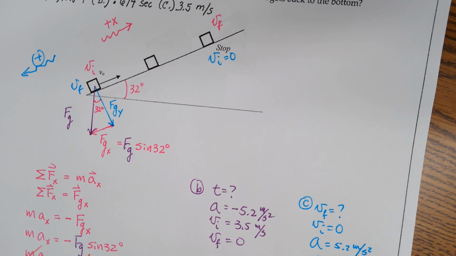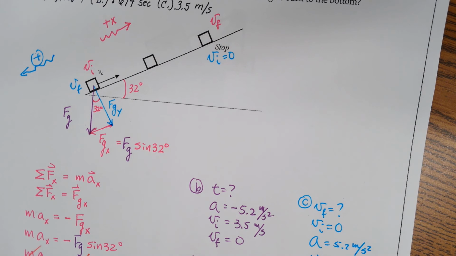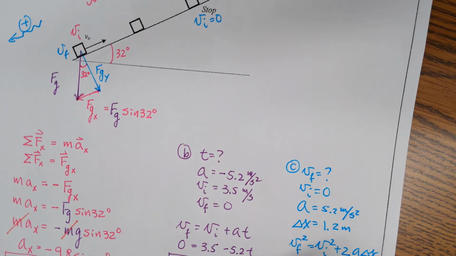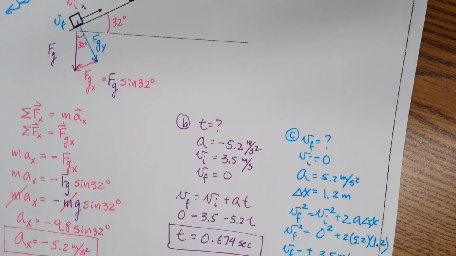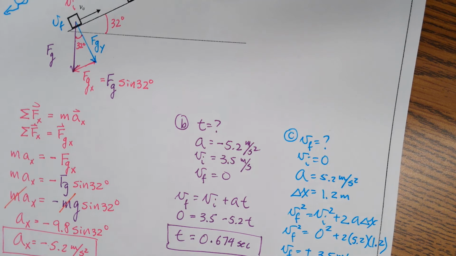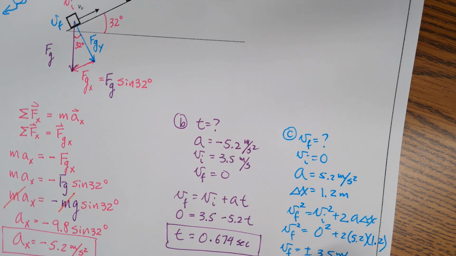So Vf squared is equal to Vi, which is 0 squared, plus 2 times 5.2 times 1.2. So my Vf is equal to plus or minus, because you have to take a square root of a number, 3.5 meters per second. Now, since they want speed, it doesn't really matter what direction it is, right? It is simply 3.5 meters per second.